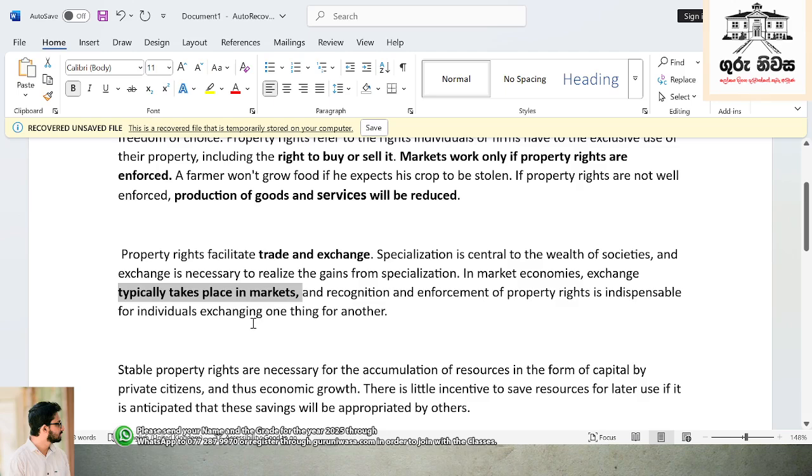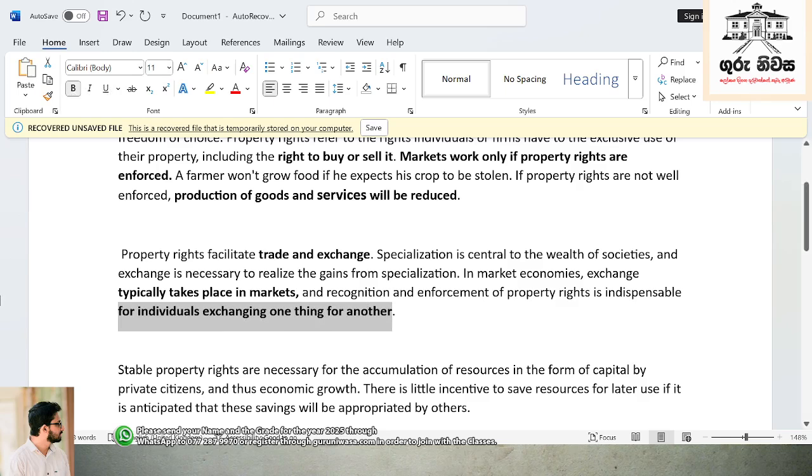So exchange takes place in markets, and recognition and enforcement of property rights is indispensable. It means unavoidable, right? For individuals exchanging one thing for another.